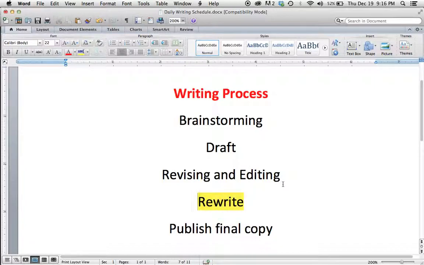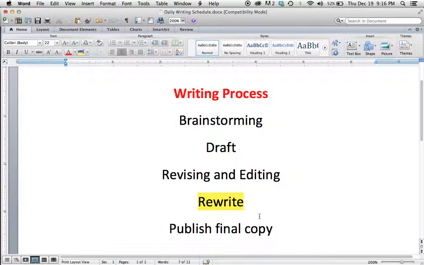It's during that rewrite where you want to pay more attention to the grammar, and to the feedback that your peers, your professor, and also the Writing Center may have given you. You also want to look to see how closely aligned your paper is to the rubric, which we'll discuss next.